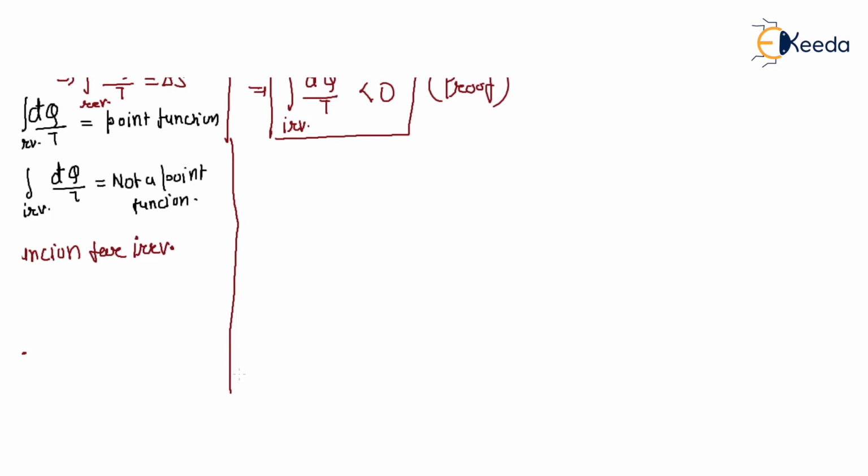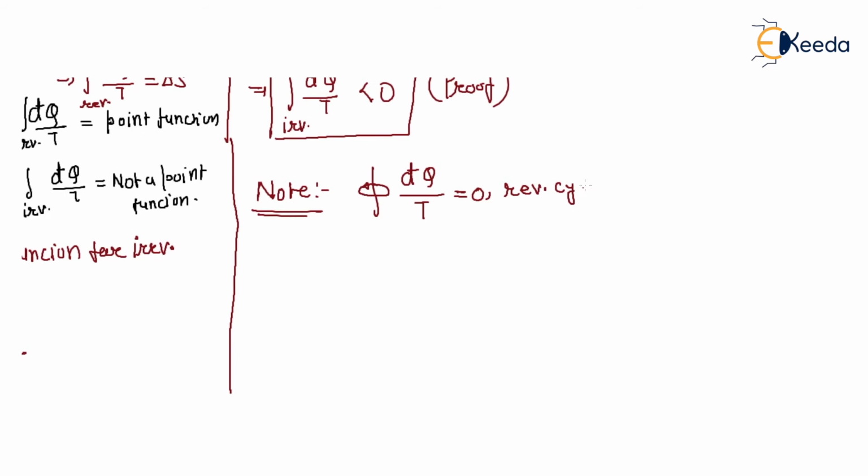The conclusion is, what is the note point here? The note point here is that the cyclic integration dQ by T is equal to 0 for a reversible cycle.